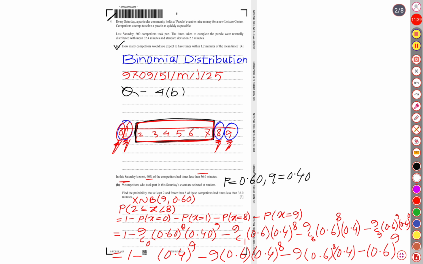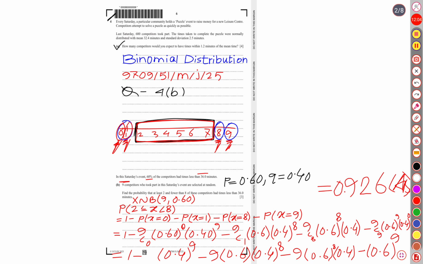Then finally our probability is going to be 0.926 if we round it to three significant figures. That is the solution to the first question.